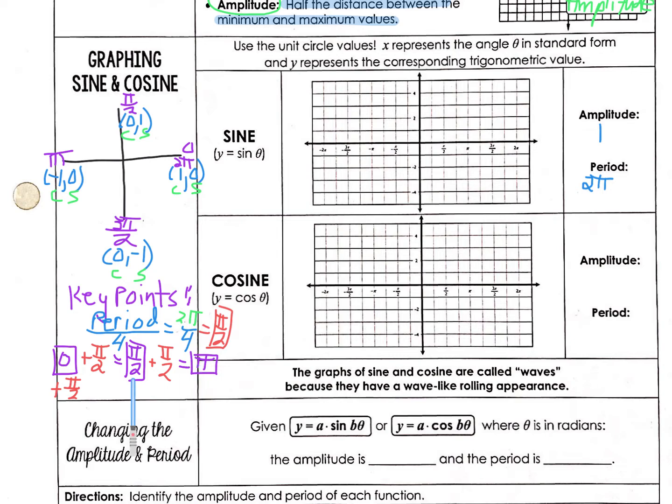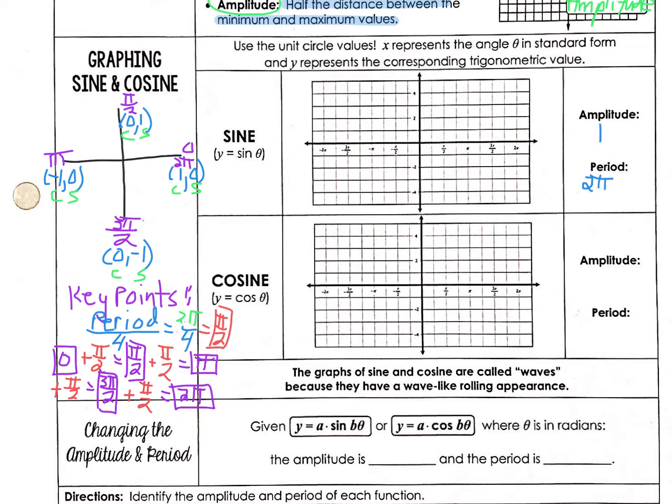If I have pi and I add another half, that's 1.5 pi, which as an improper fraction is 3 pi over 2. So that gives us 4 key points. I need one more. I'm going to add another half pi, and our final key point, 1.5 plus a half, gives me 2 pi.